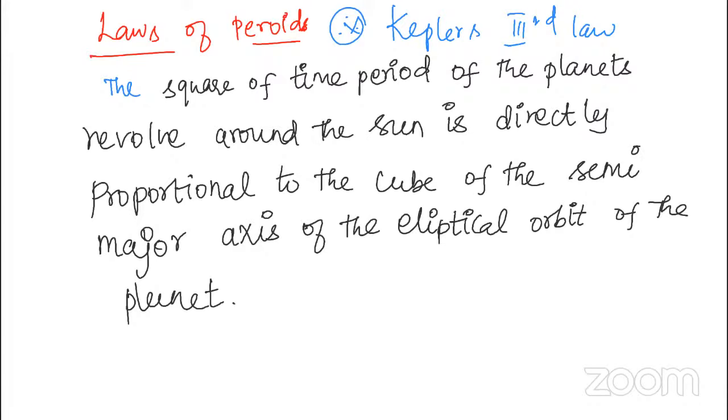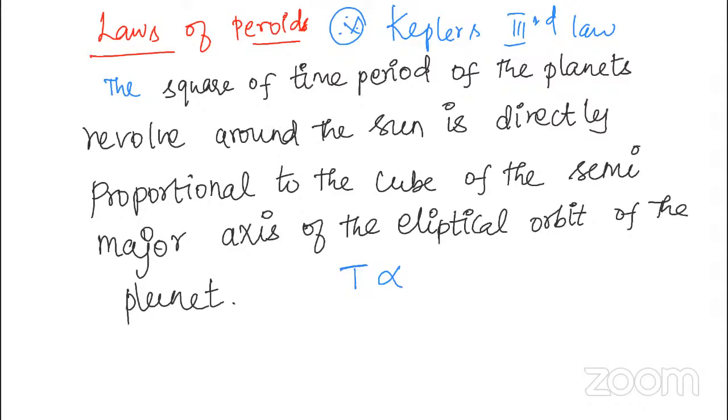Statement compulsory, you should know it. From the statement we are going to simply write the formula. The square of the time period of the planets revolving around the sun, time period denoted by the symbol T, is directly proportional to the cube of the semi-major axis.